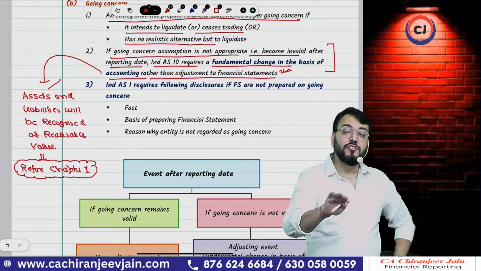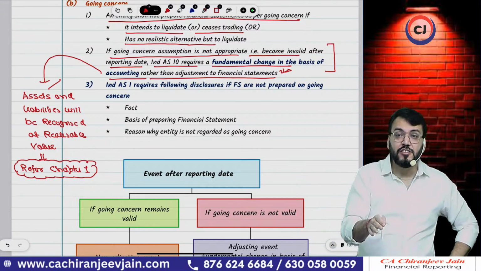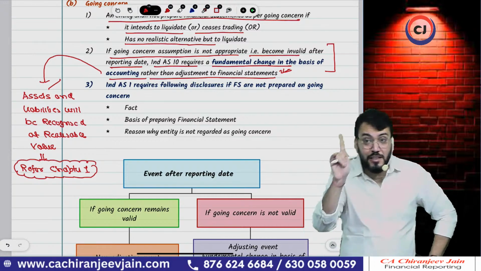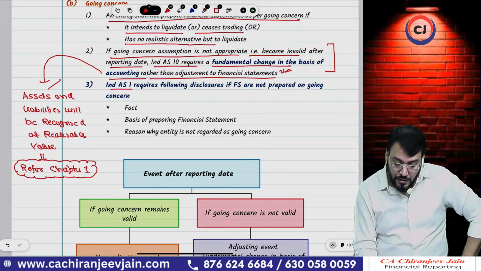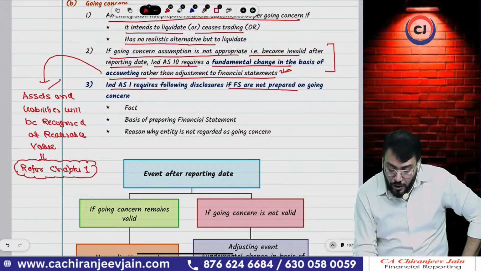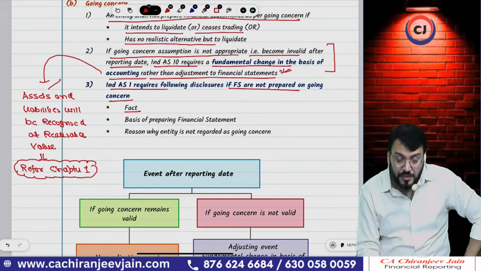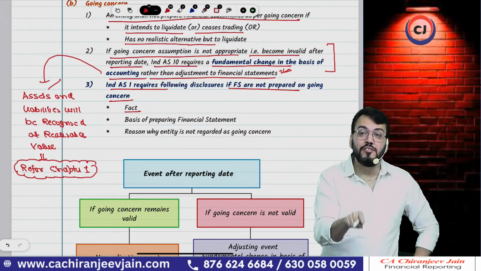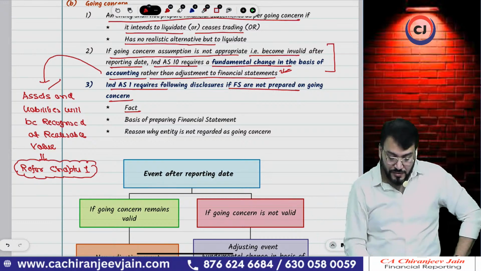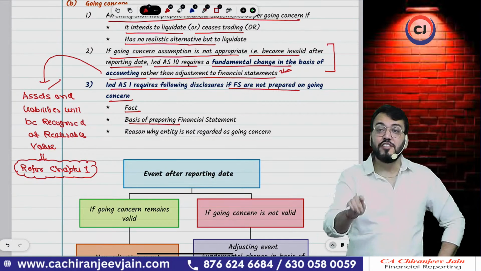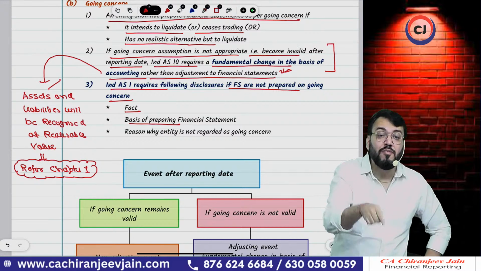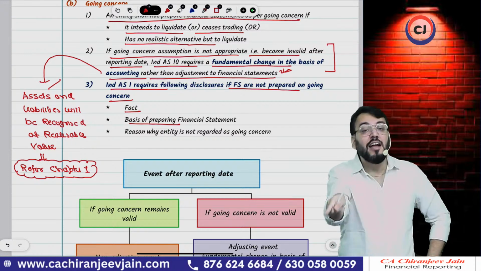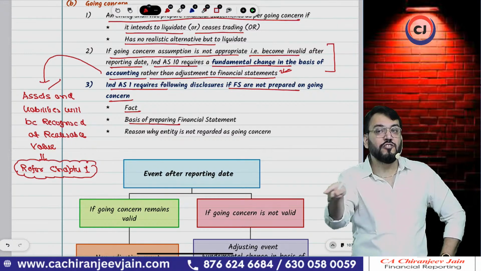Now, this para is given under Ind AS 1. Ind AS 1 says that whenever you are preparing financial statements on a non-going concern basis, the following disclosures are required. If financial statements are not prepared on a going concern basis, you should give the fact, that you are preparing the financial statements on a non-going concern basis. Second, the basis of preparing financial statements: at what basis you are preparing, you should disclose whatever basis you are using.